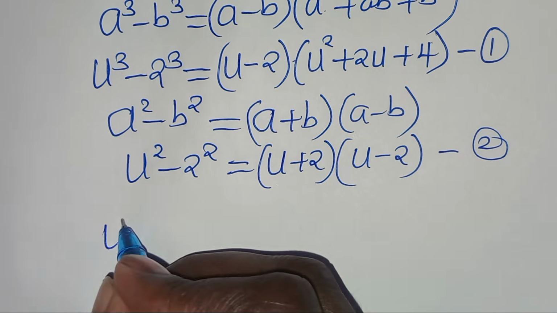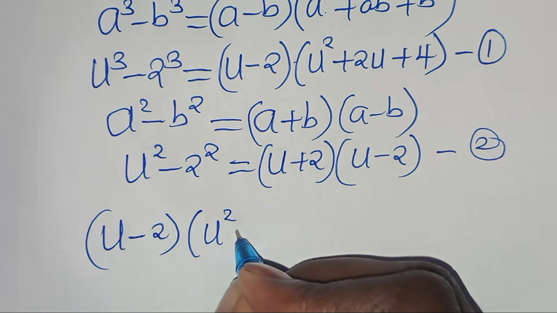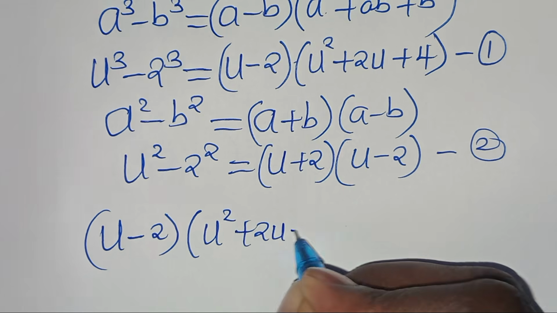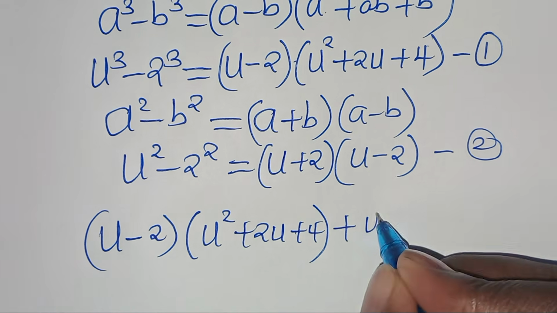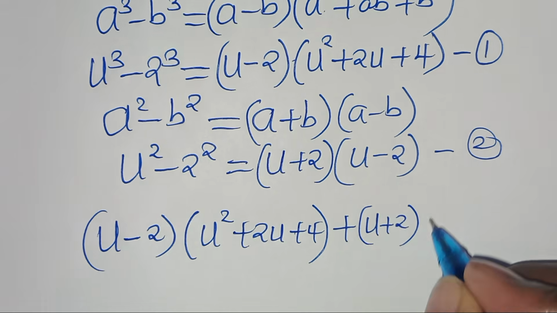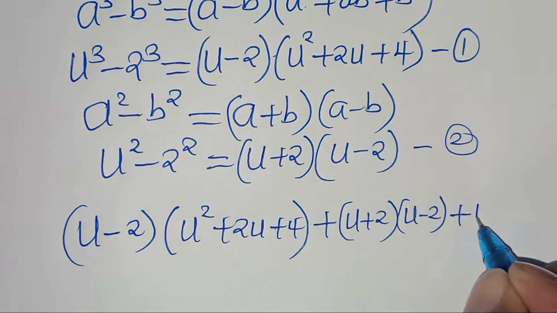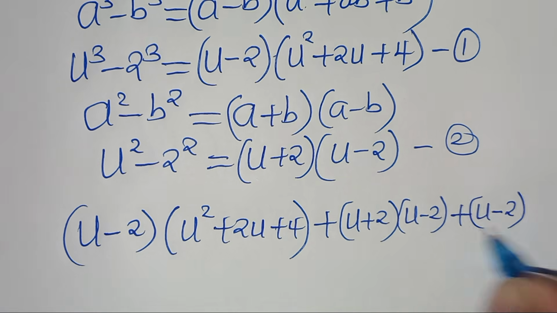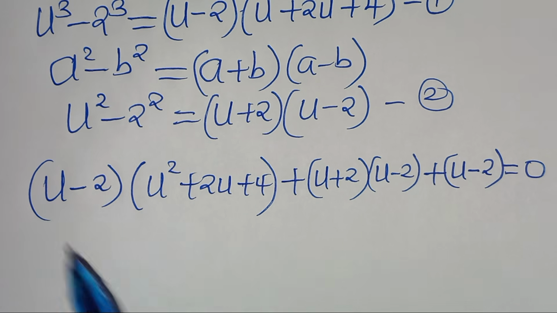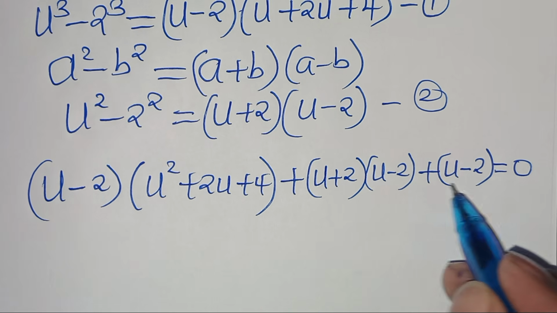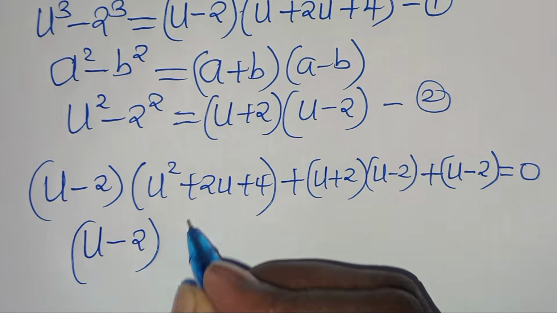Now we have from the first part u minus 2, times u to the power of 2 plus 2u plus 4, then plus u plus 2 multiplied by u minus 2, then plus u minus 2. This is equal to 0. Now we have that u minus 2 is common here, so let's factor out u minus 2 into the parentheses.